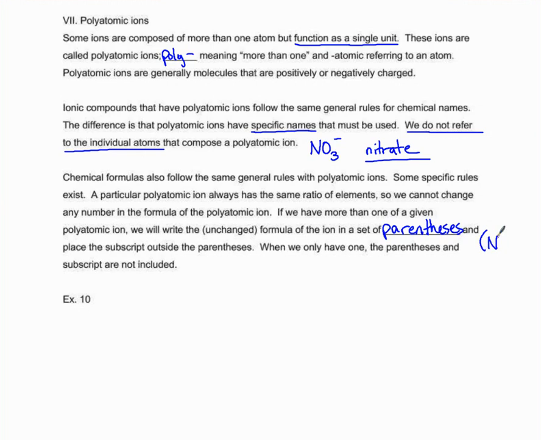The NO3 goes inside the parentheses unchanged, and so if there's 2 of them, here's the subscript. And so this tells me that there are 2 of these nitrates, and the nitrate is 1 piece. If you only have 1 nitrate, the parentheses are unnecessary. The extra subscript is not going to be there.